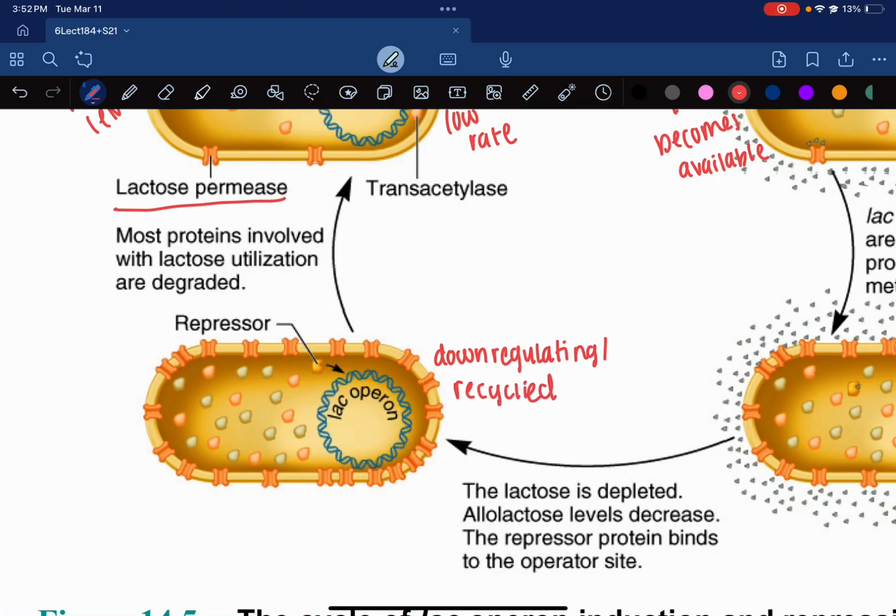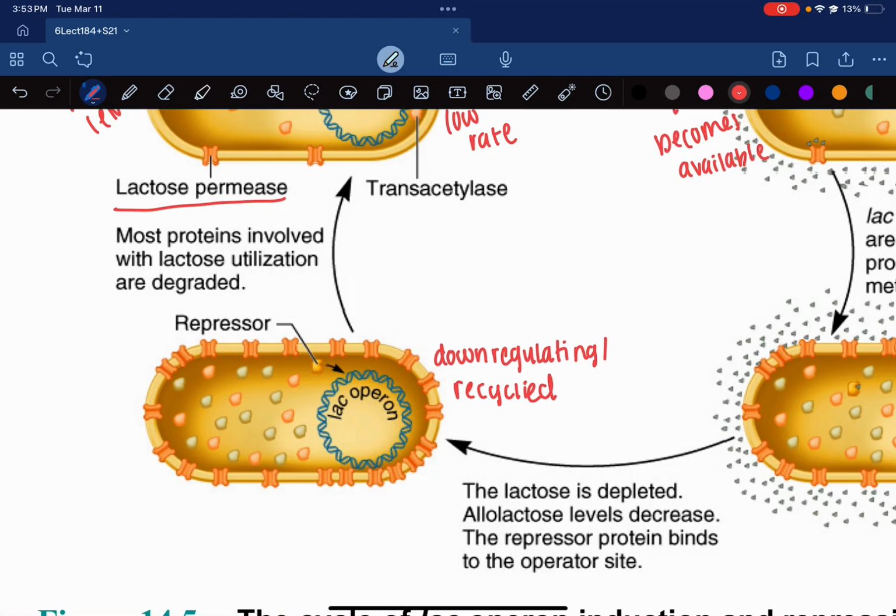And then you return back to this. So when you have no lactose, it'll take a little while, but eventually the proteins will return to a steady state, very basal level. All right, so let's pause right there. Questions? So really, it's just where you pull your foot off the brake, right?